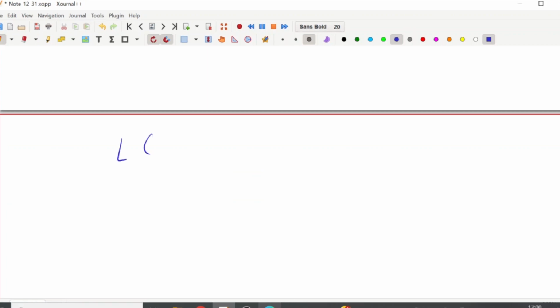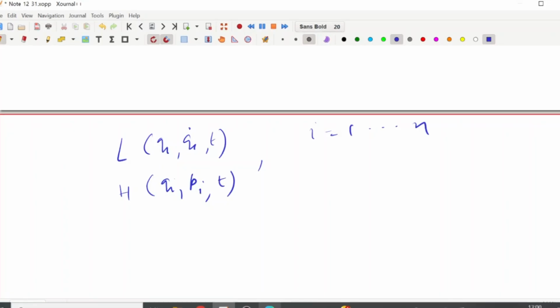So, what will be the structure of the Legendre transformation if I want to go to the Hamiltonian formulation from the Lagrangian formulation? Now we have q_i, q_i dot, t, and I equal to 1 to n for n degrees of freedom. So, there is a multivariable function. From here I want to go to q_i, p_i and t. So, the number of variables is the same, but q_i dot, the velocity, will be replaced by the momenta.